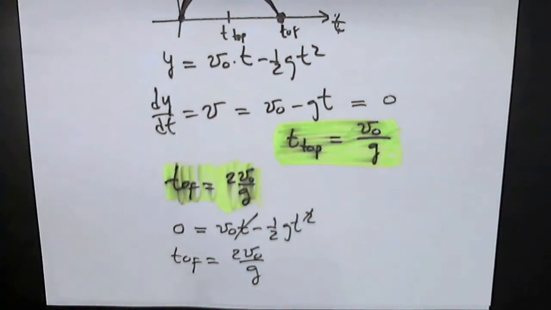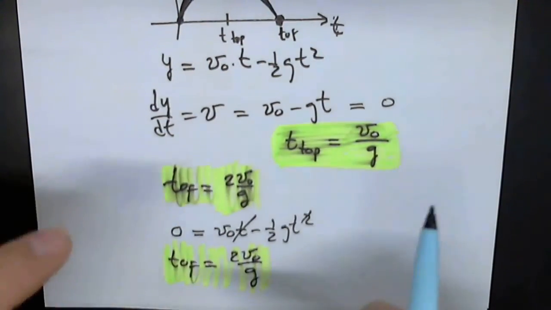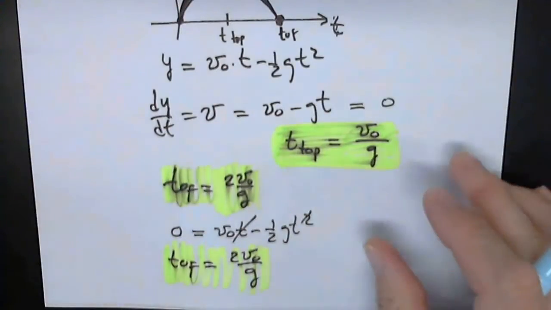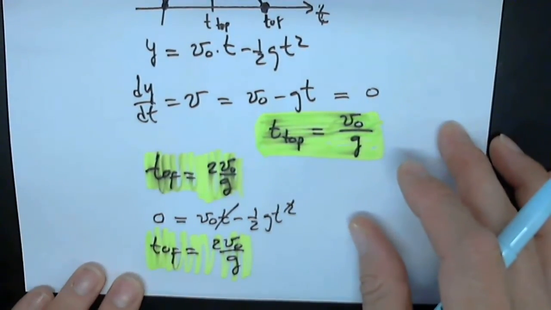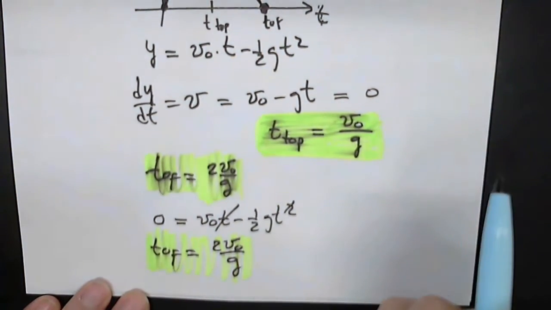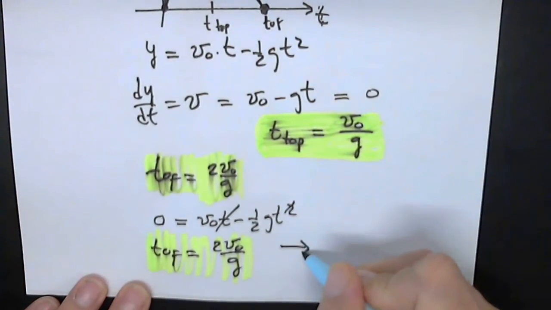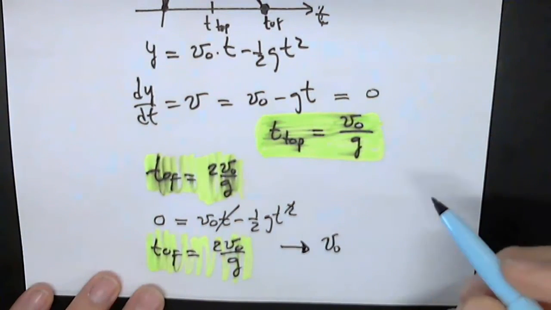So why is this important? Because this is the only thing that we have. The only thing that we measure in this lab is this. Hit the table, hit the table. So from here we can calculate the initial velocity because that is unknown.